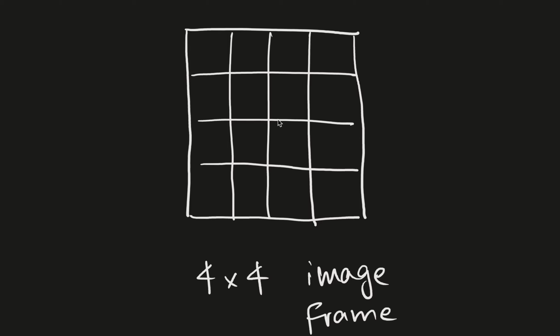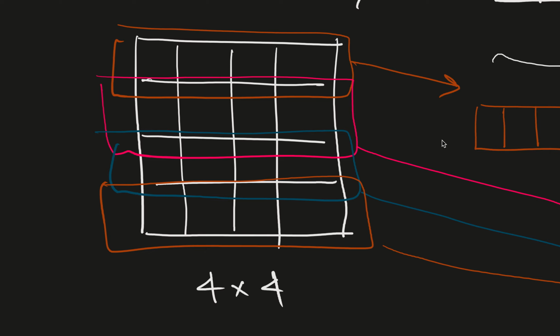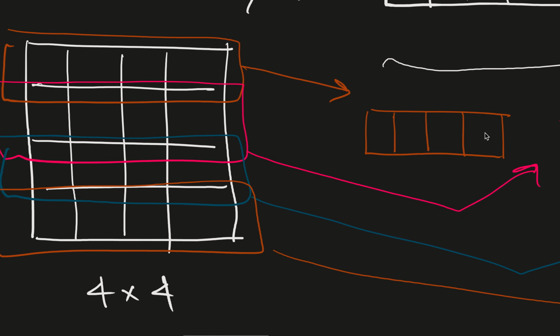So what we see is a 4x4 image frame, and typically what we want to do in neural network applications when it comes to processing images is vectorize our data, our images. To vectorize the data is simply stacking horizontally or vertically our images. So the first 4 pixels here are put up in an array just like that.